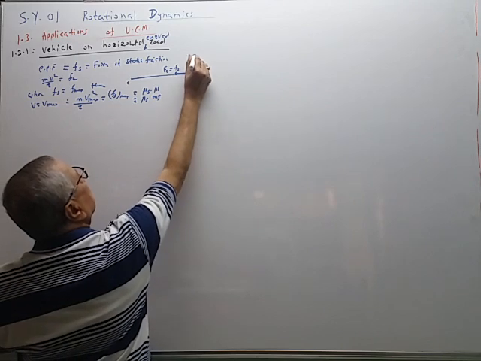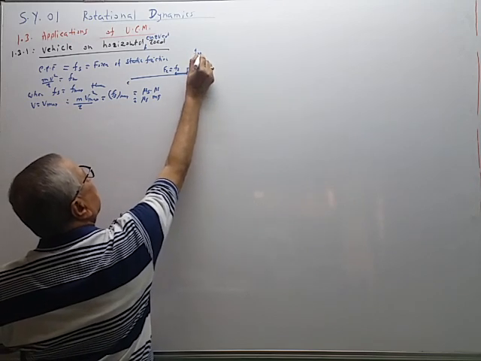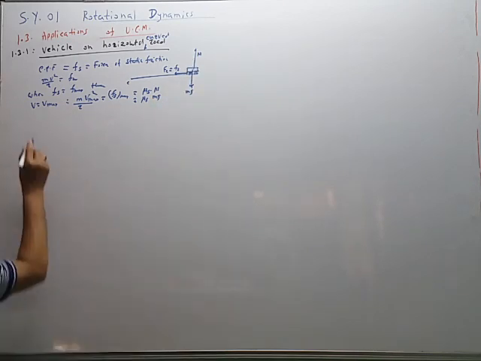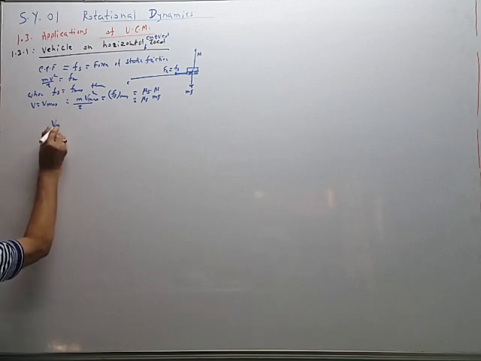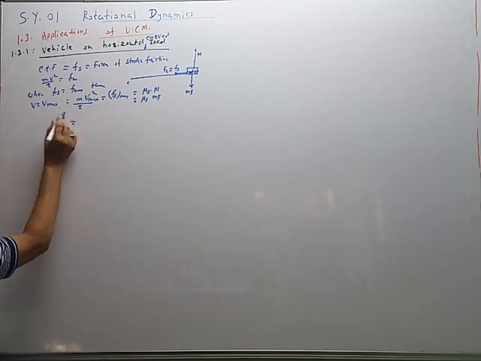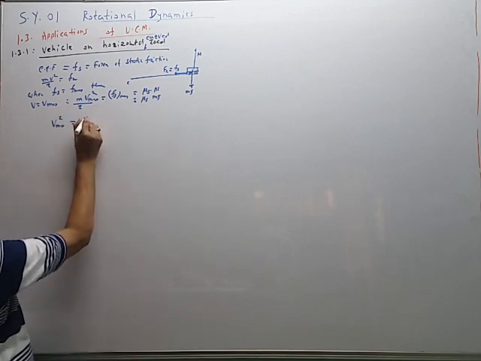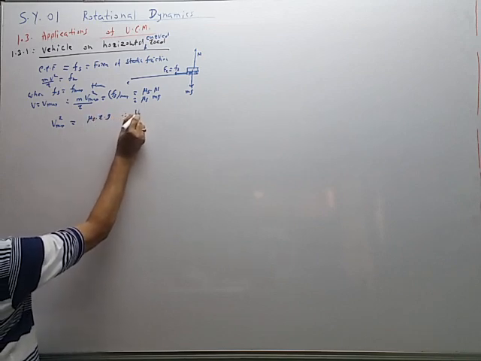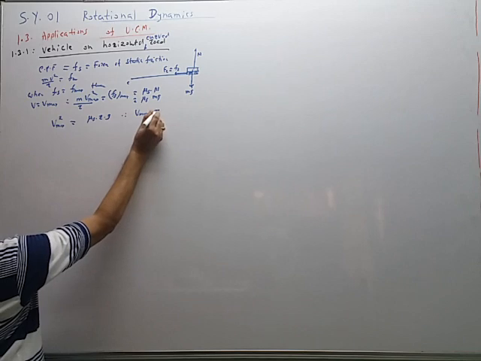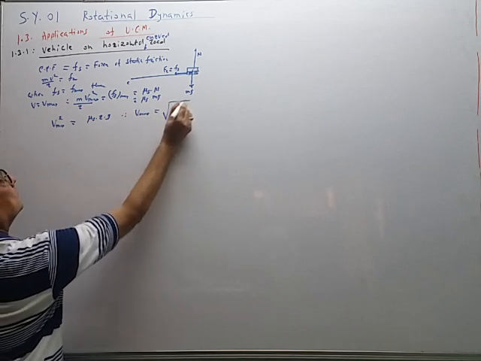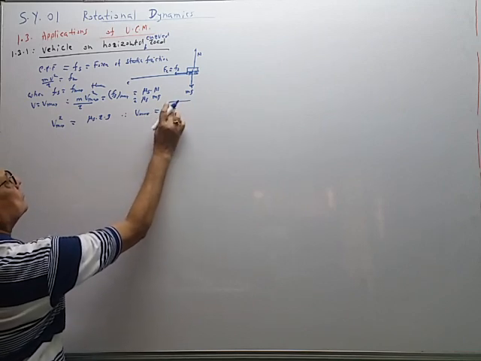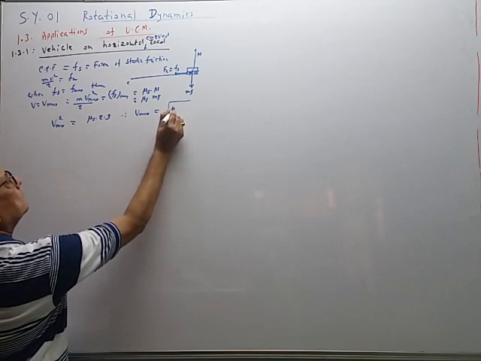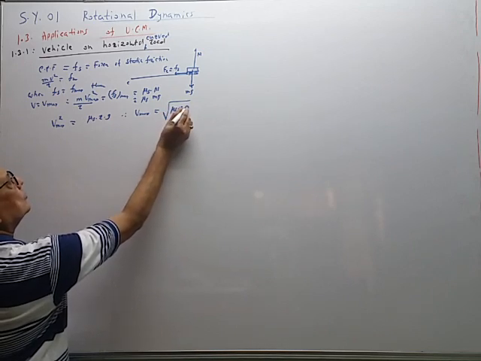and N is a normal reaction, like this, and therefore we get v max square is equal to, this m will get cancelled, mu s, coefficient of static friction, into r into g, and therefore v max is equal to under root mu s r g.